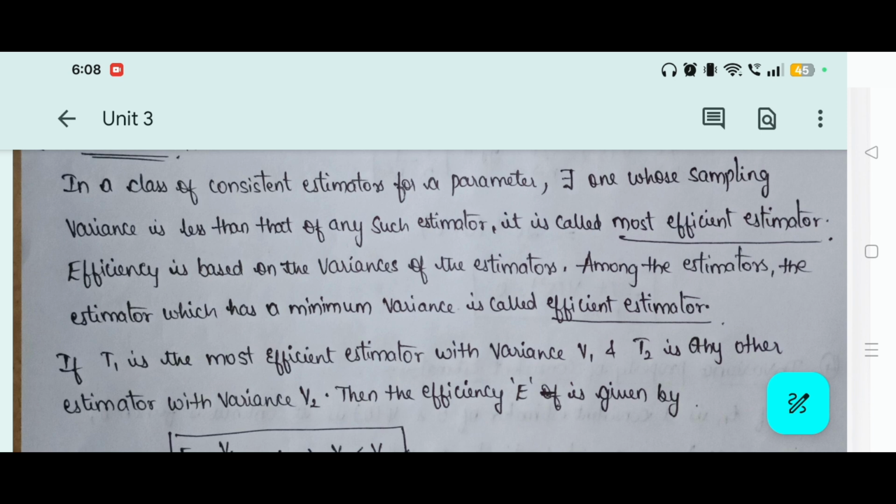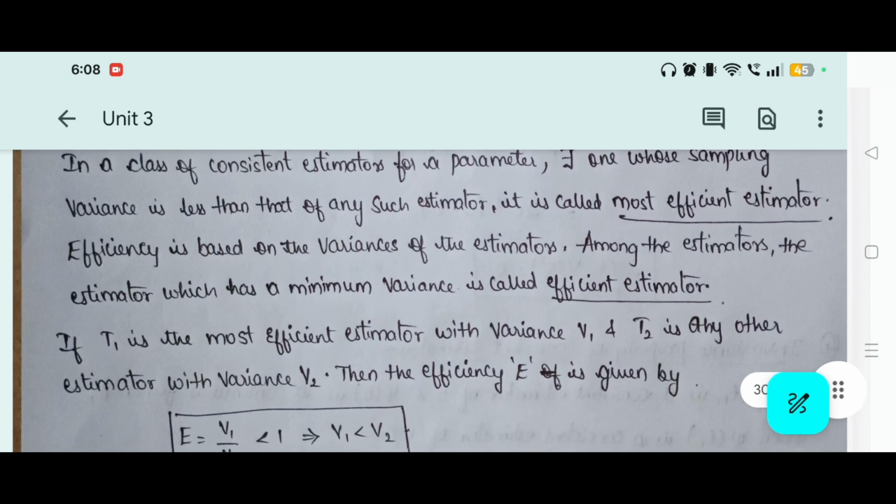It is called the most efficient estimator. Efficiency is based on the variances of the estimators. Among the estimators, the estimator which has the minimum variance is called the efficient estimator. Efficiency is nothing but which one has the less variance.